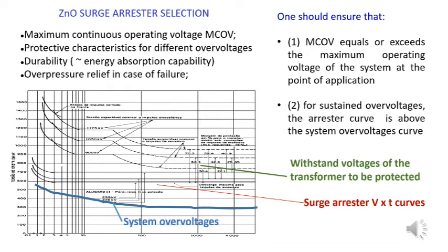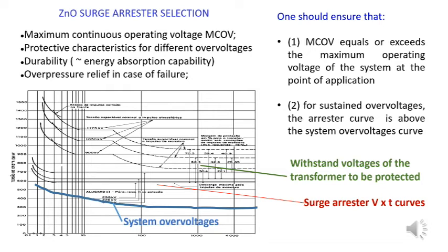This is especially important for surge arrestors made of porcelain, which is not the case of the current polymeric surge arrestors. We shall ensure during the selection that the MCOV equals or exceeds the maximum operating voltage of the system at the point of application.